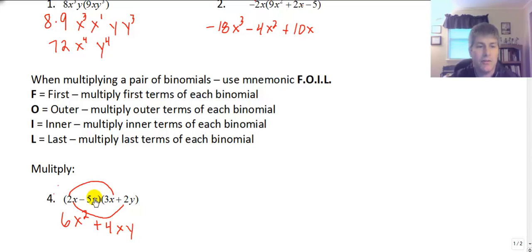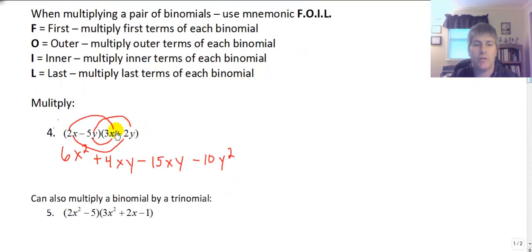And then the inner terms, negative 5y times 3x, so minus 15xy. And finally the last terms, negative 5y times 2y, and we get a negative 10y squared. Then we combine our like terms, so we end up with 6x squared minus 11xy minus 10y squared.